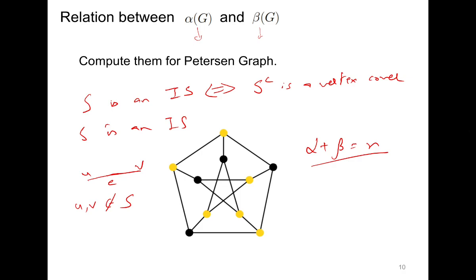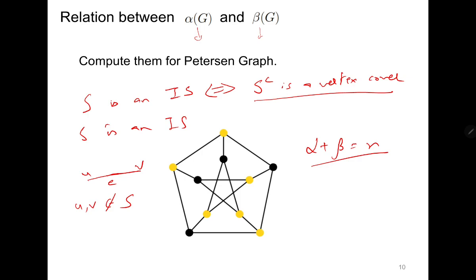It means that for all the edges, one of the endpoints should always be in S complement, which clearly indicates that S complement becomes a vertex cover, because it has an endpoint of all the edges, either one endpoint or both endpoints, but for sure it forms a vertex cover.